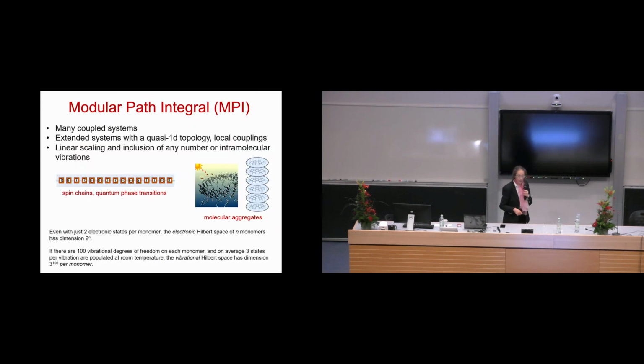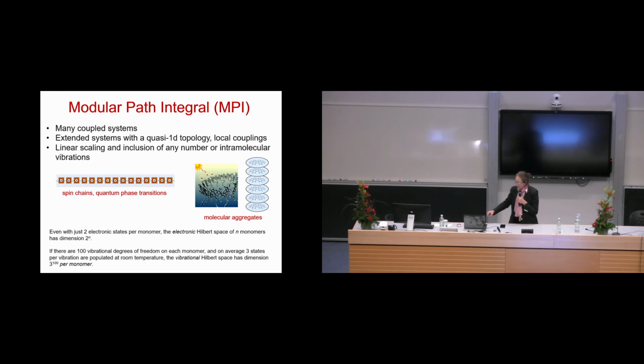And here, last, for methods, the modular path integral. It's a method for handling large aggregates or arrays of spins, where each unit is interacting with its own bath of vibrational modes, and we have many, many units coupled in a one-dimensional topology.